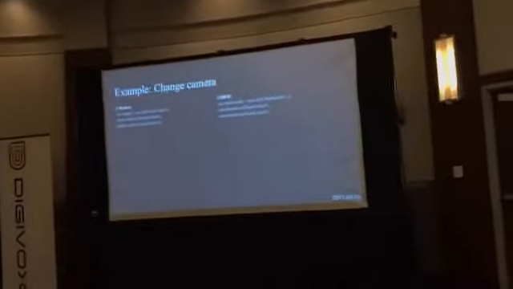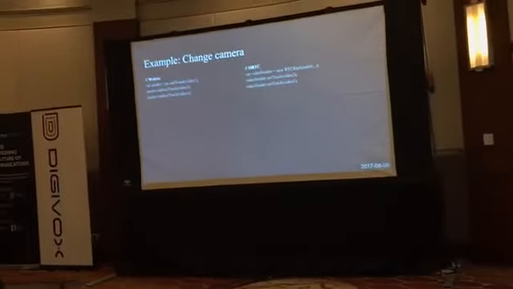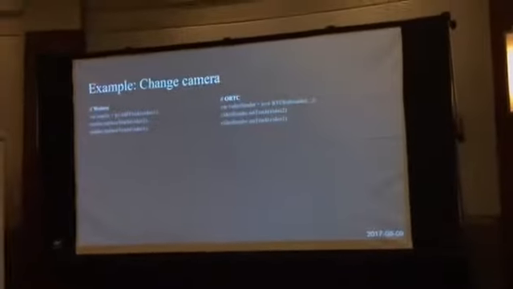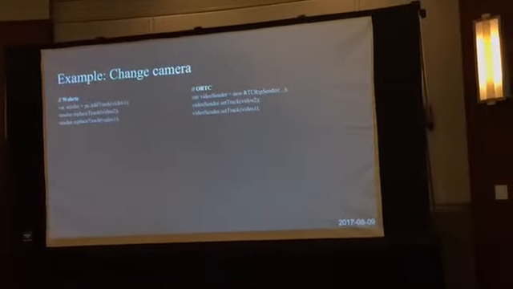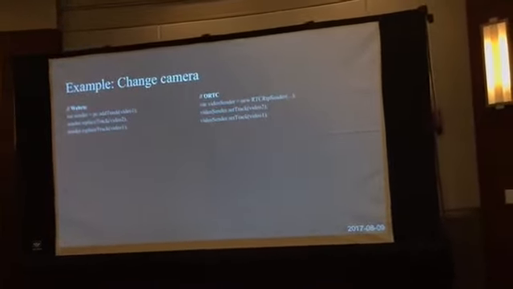So an example would be you want to switch cameras, you start out with a track from the front camera, and you acquire the track from the back camera, and then you call sender.replaceTrack to basically replace the camera and switch between the front and the back.